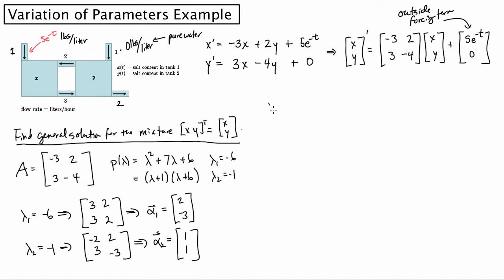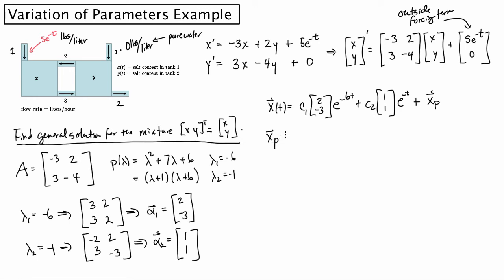So what this says then is that our solution is x of t equals c1 times 2, -3 e to the -6t plus c2 times 1, 1 e to the -t plus some inhomogeneous solution. And so the question is, how do you find the inhomogeneous solution?